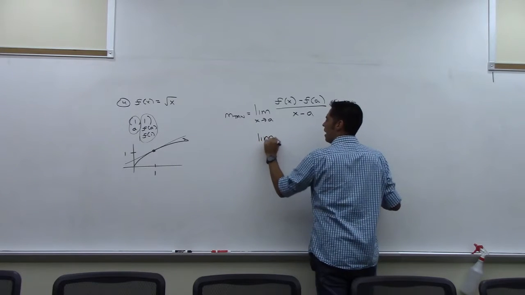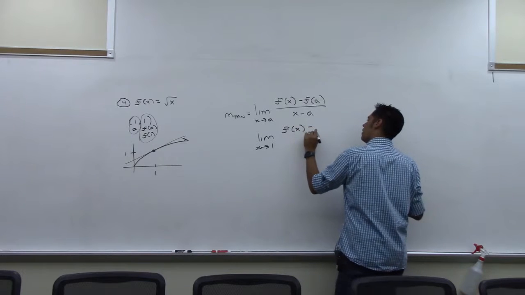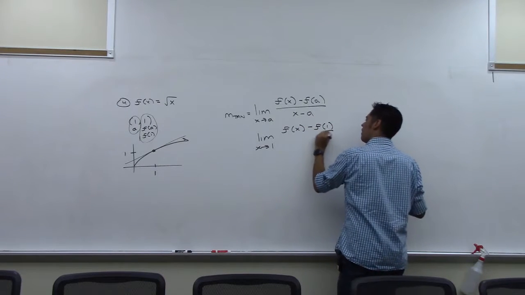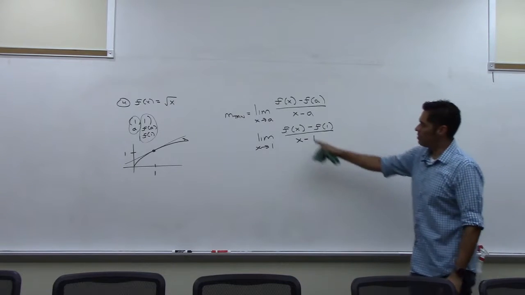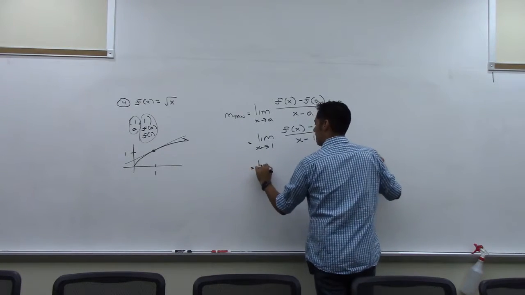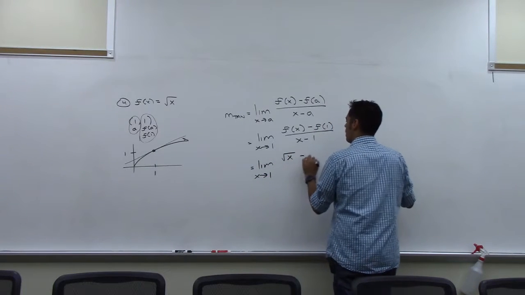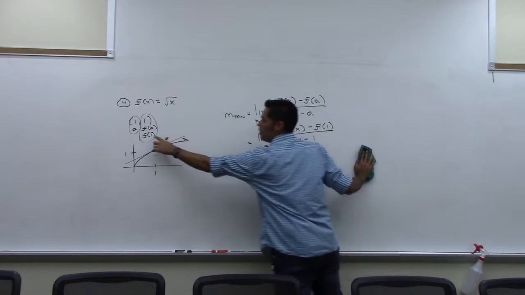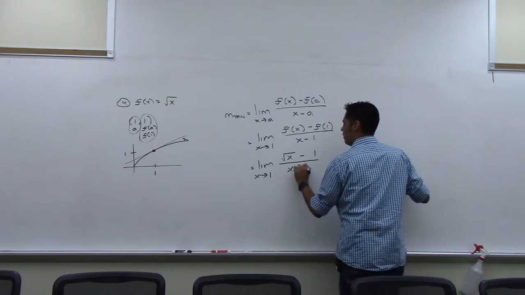I'm going to replace all my a's with 1, and I'm going to replace f of x with whatever f of x is. So root x minus f of 1, which we already know is 1 itself, over x minus 1.